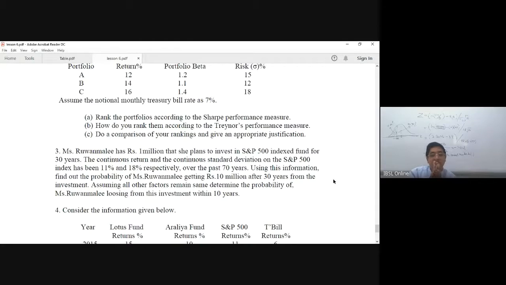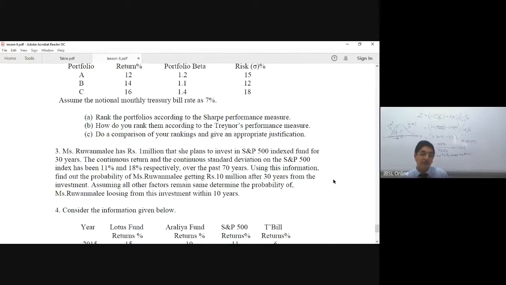So if we apply that, what will happen? Then log 1 million divided by 1 million will come as log 1. What is log 1? Log 1 is equal to 0.